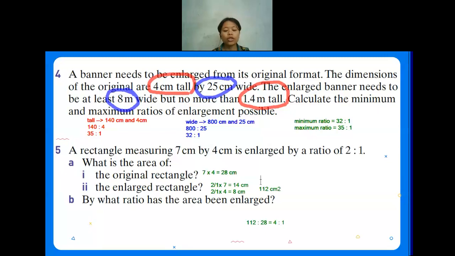Using the ratio, I can find the new dimensions: 14 centimeter and 8 centimeter. Now to find the area, we do 14 times 8, which equals 112 centimeter. Is it clear enough? Okay. Is there anyone having any question? Yes, please.